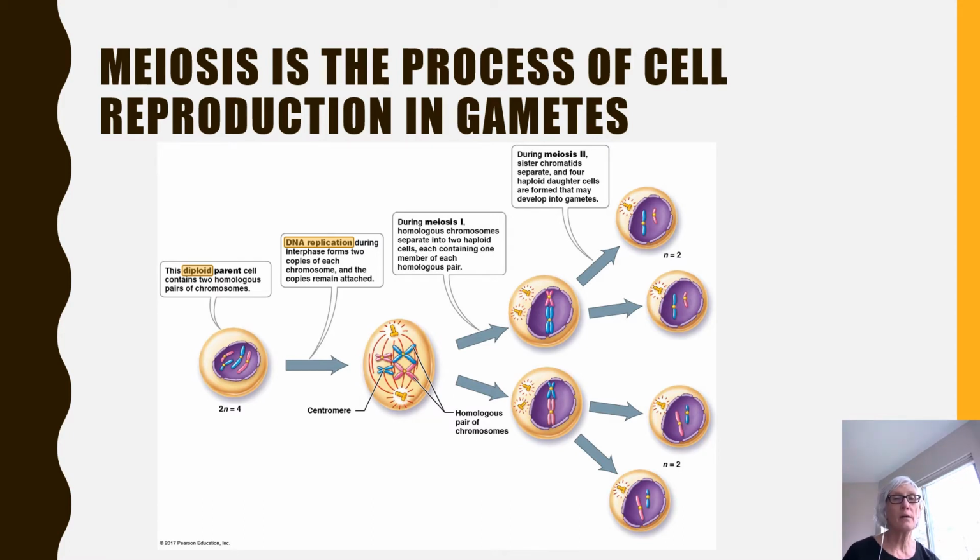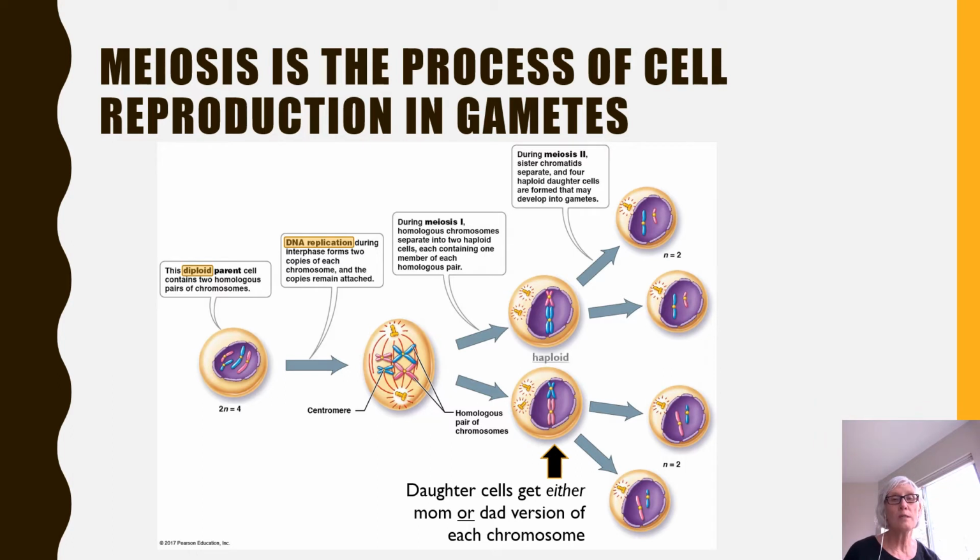During the first cellular division of meiosis, those chromosomes are distributed such that each of the daughter cells get either a mom copy or a dad copy of each of the chromosomes.